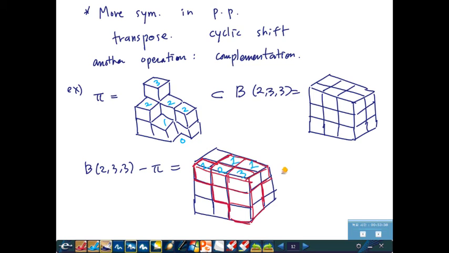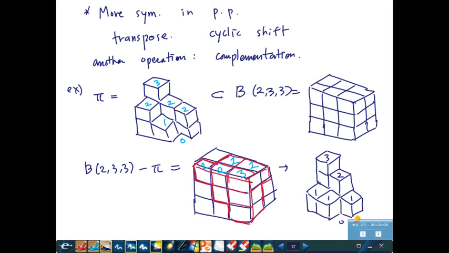So we draw this, maybe 3, 2, 1, something like that. I'm going to just redraw this as a real plane partition. 3, 2, 1, 1, 1, 0.